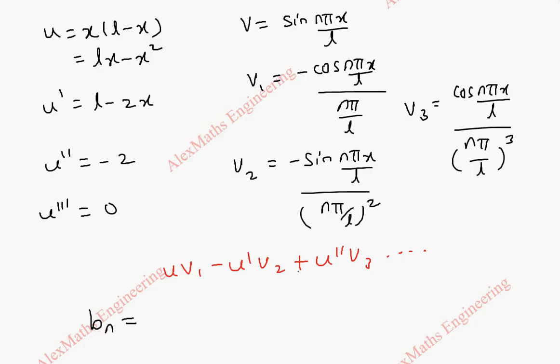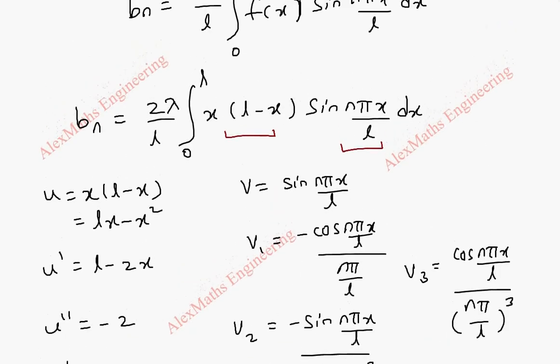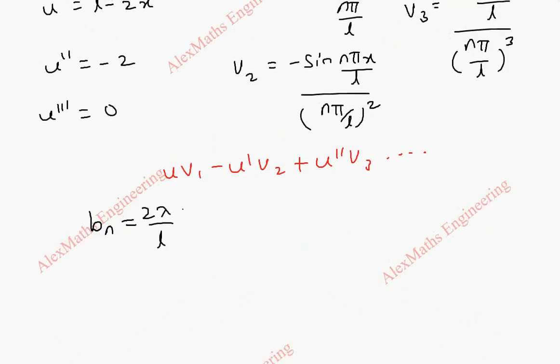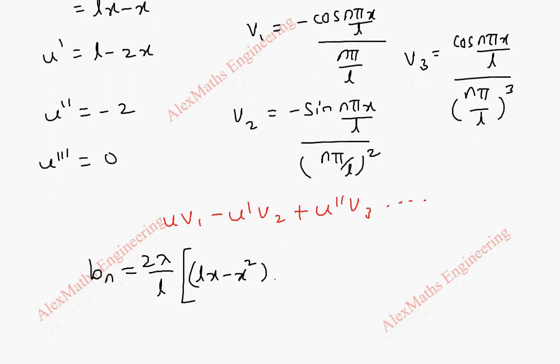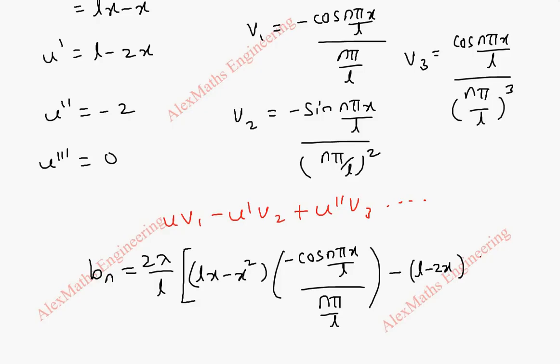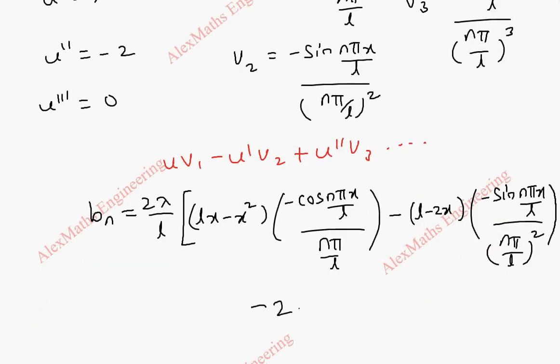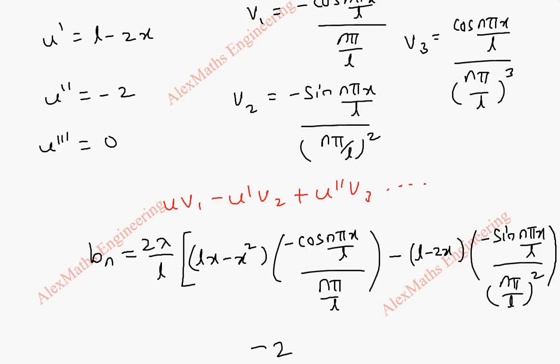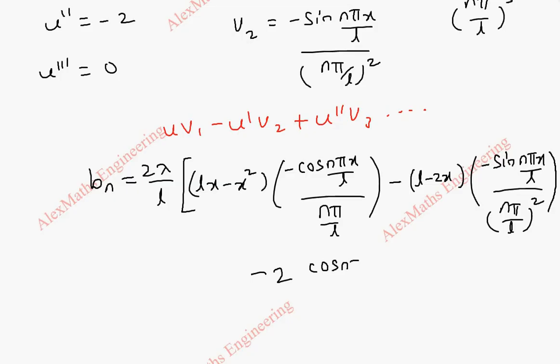So Bn becomes, outside we have 2 lambda by L. So let's write that 2 lambda by L, u which is Lx minus x square into v1. v1 is minus cos n pi x by L by n pi by L, minus u dash which is L minus 2x into v2 is minus sin n pi x by L by n pi by L whole square, plus u double dash which is minus 2 into v3. v3 is cos n pi x by L by n pi by L whole cube.